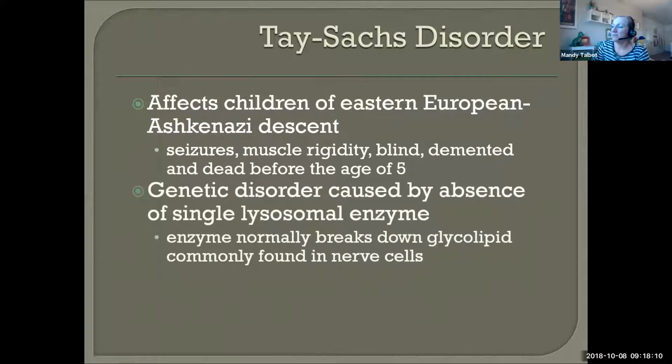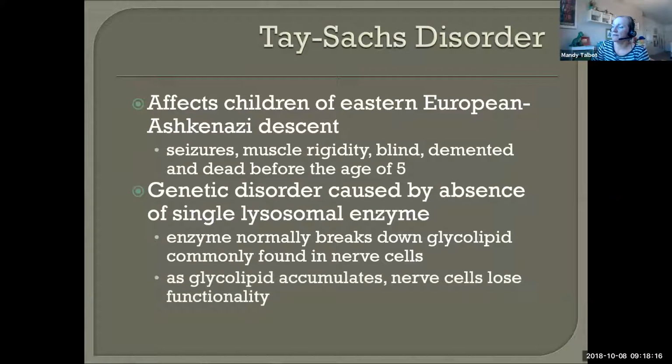That one missing enzyme that typically would break down a glycolipid commonly found in nerve cells. As a result of the inability to break that down, that glycolipid accumulates and nerve cells lose their functionality. So just a little snapshot of how important the function of each of these little organelles is.